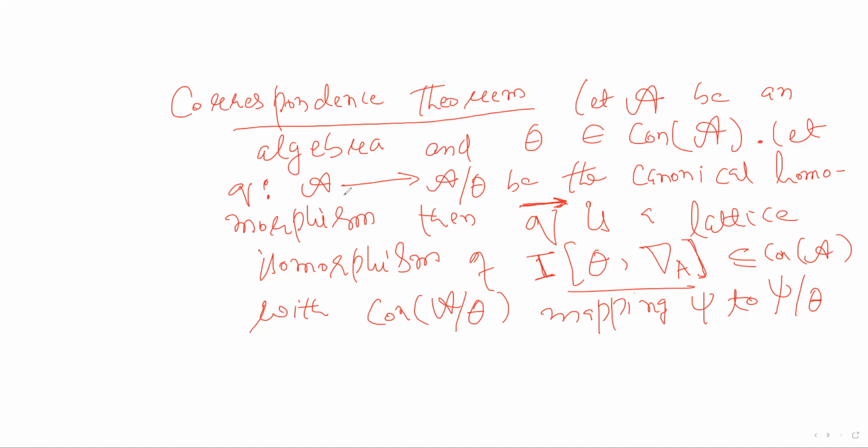So this Q, which is a natural canonical homomorphism, the induced map Q forward arrow, is a lattice isomorphism from this lattice, those congruences of A which contain theta, to the lattice of congruences of A by theta. And how do we define it? Any congruence psi which contains theta is mapped to the congruence psi by theta. We know that psi by theta is a congruence on A by theta. Okay, so this is the statement of this theorem.